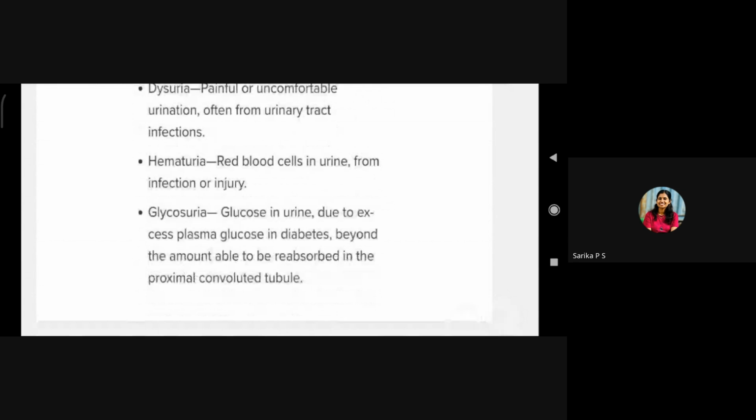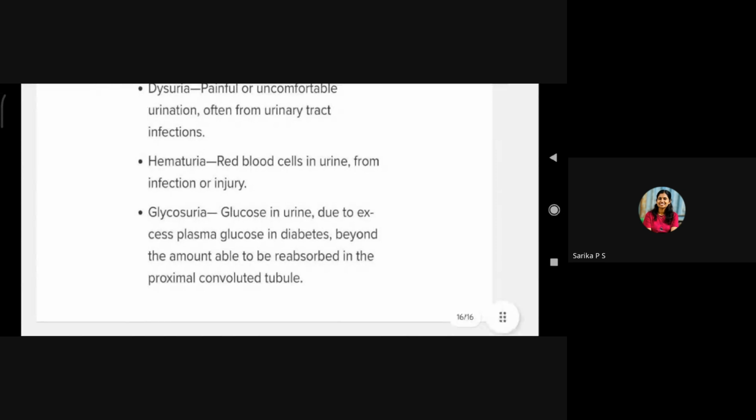The word hem came from blood, right? Hemoglobin, blood. So hematuria means red blood cells in urine from urinary infection or any injury. In any condition, if red blood cells or blood is coming with urine, that is known as hematuria.